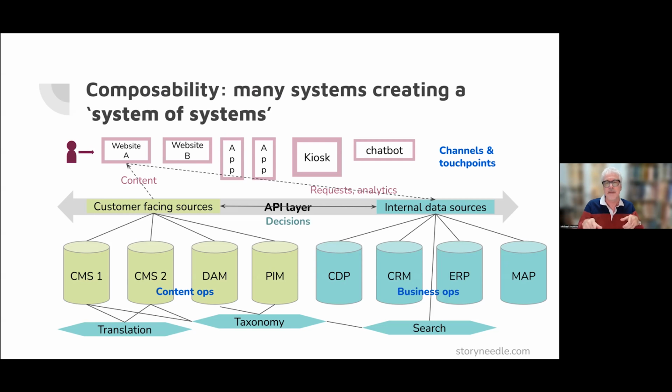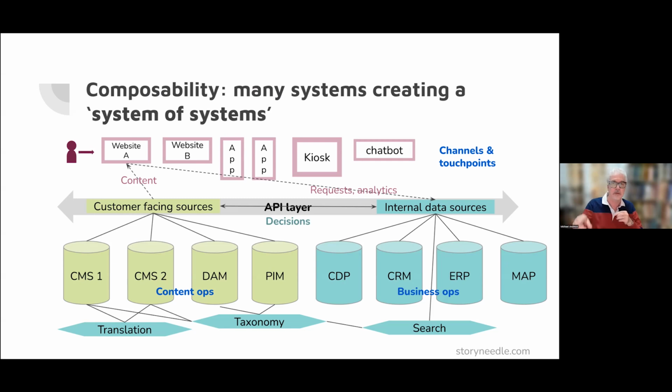But really, in the API layer, we're thinking about how these different sources need to be connected and knitted together to provide what the customer needs. And then as the customer is interacting with these different touch points, that's giving us back signals about what the customer wants, and then we are making decisions about what to give them next.